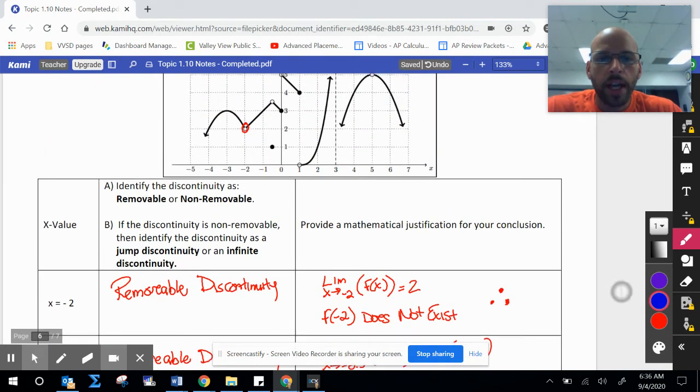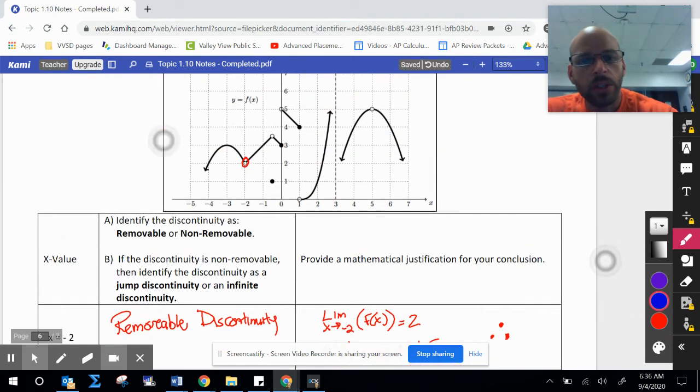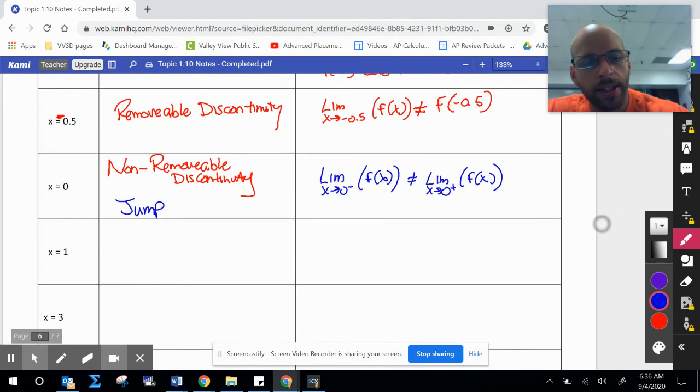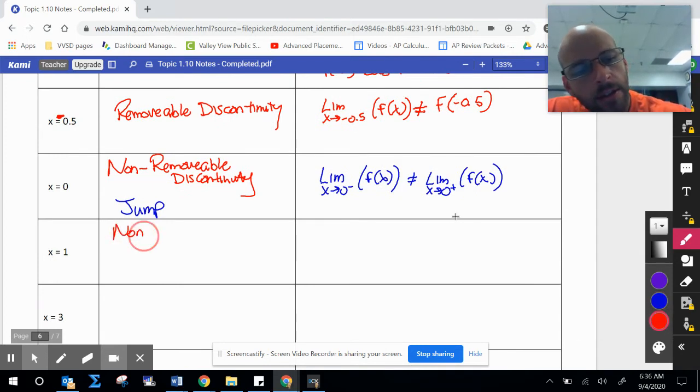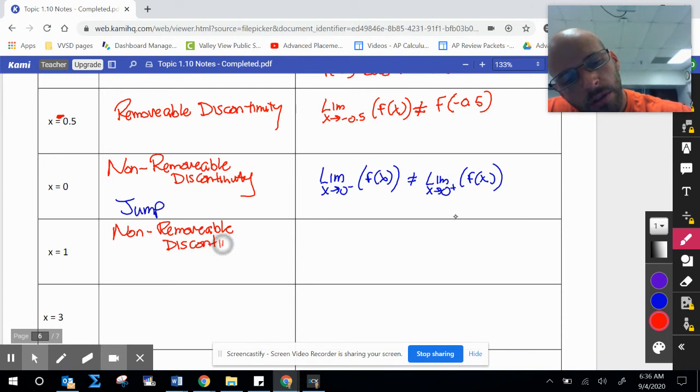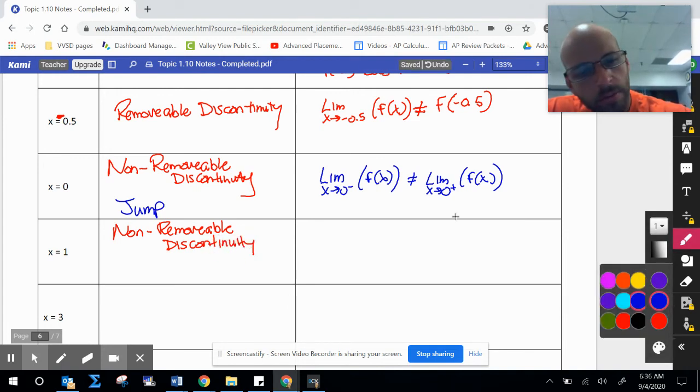Okay, so the next one is at 1. If you look at 1 from the left, I'm at 4. From the right, I'm at 0. So again, same reasoning. I have a non-removable discontinuity, and it's going to be a jump.